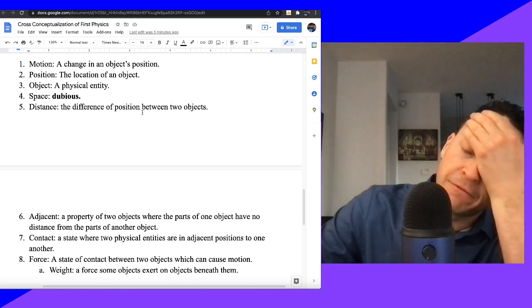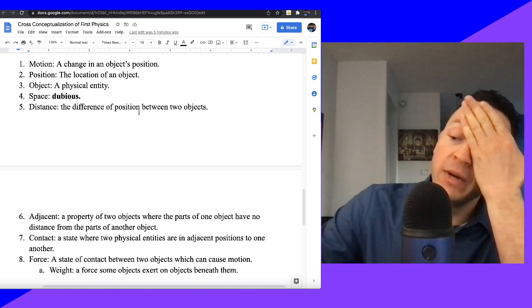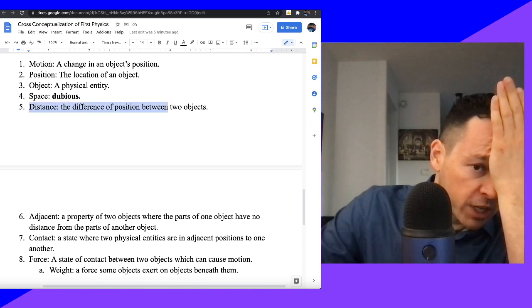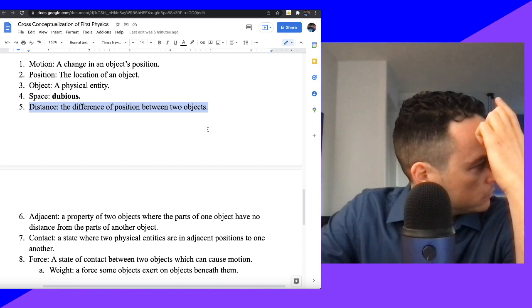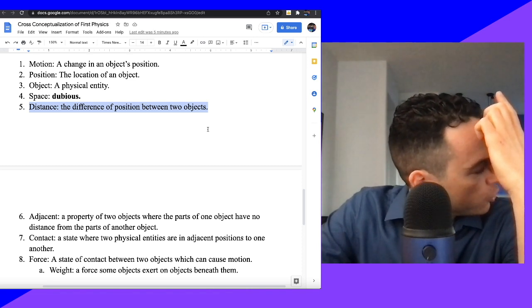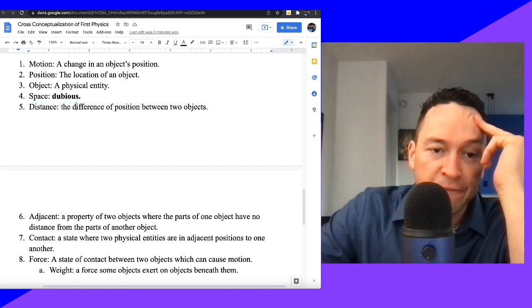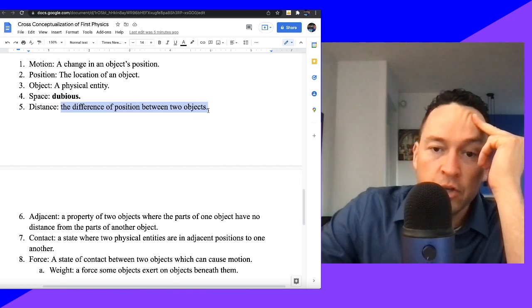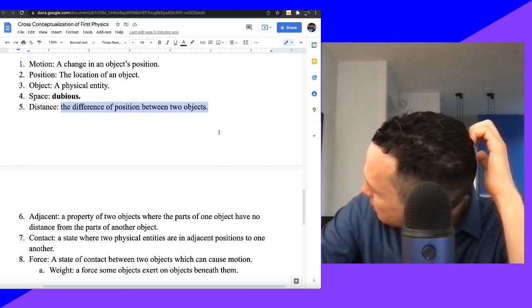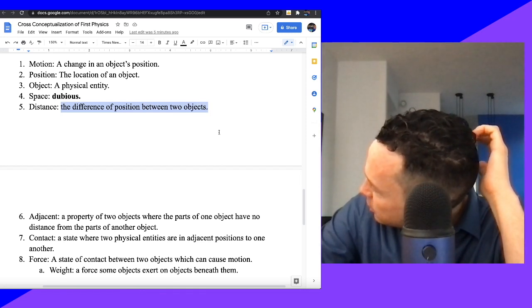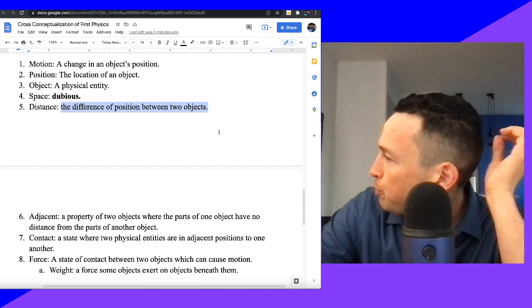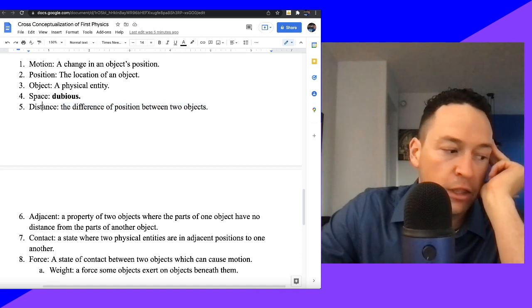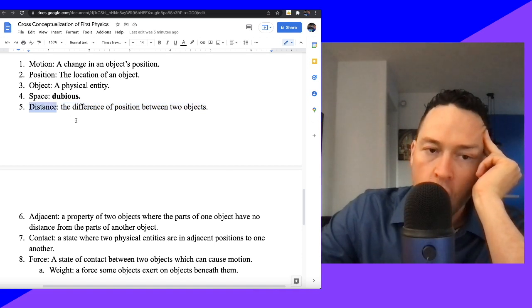I wonder if what's going on when you have to define one concept in terms of another concept is that you're using other concepts in your definition to help you understand the concept at hand.